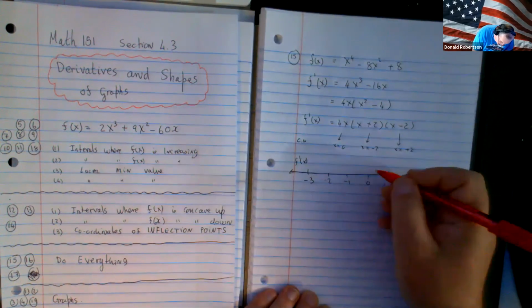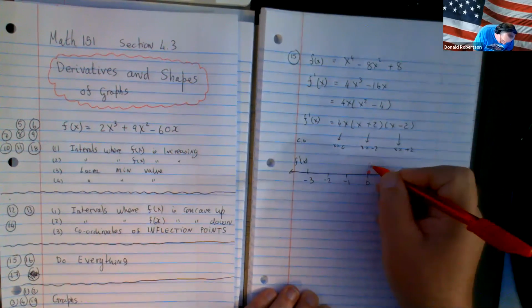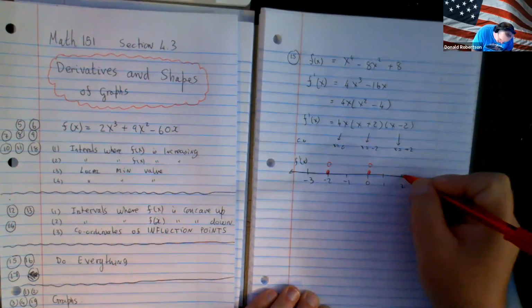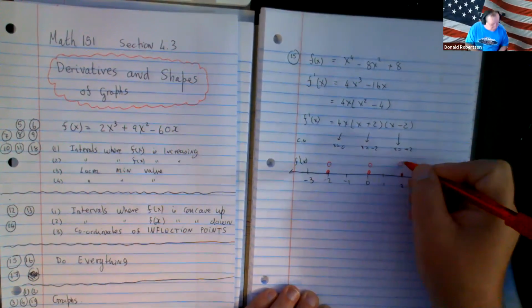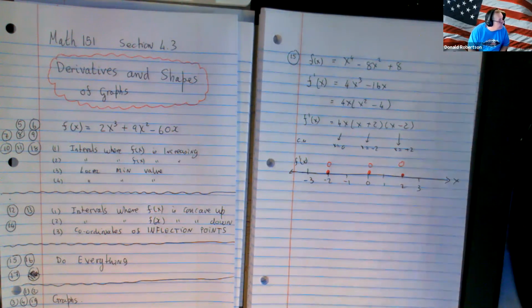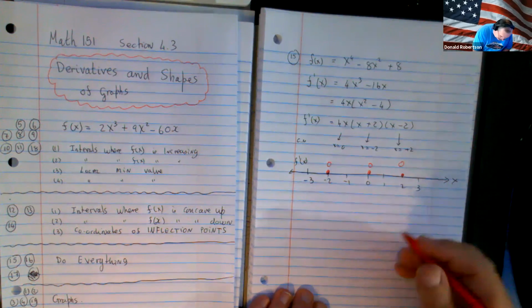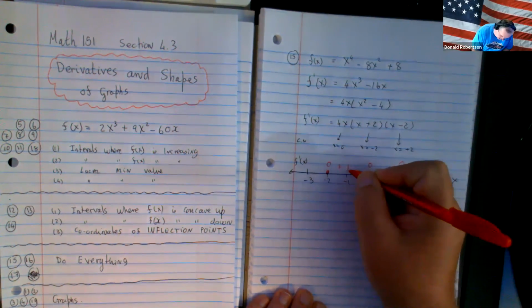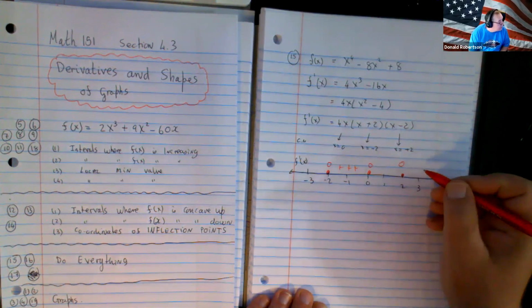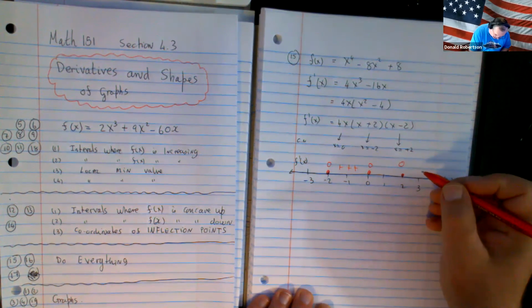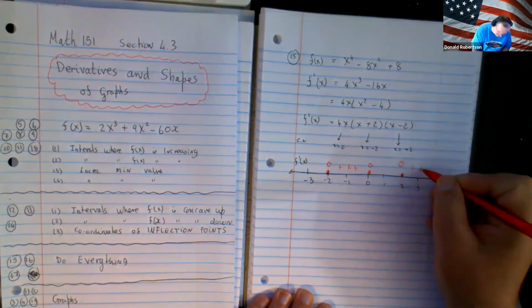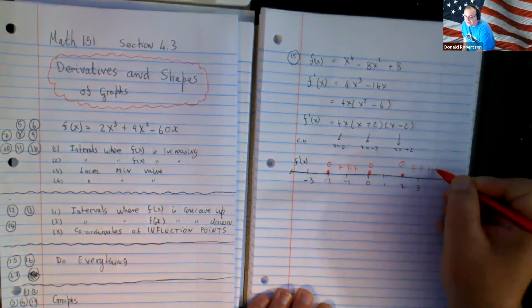At x equals 0, the derivative is 0. At -2, the derivative is 0. And at +2, the derivative is 0. And if I use my test points, it's positive here, it's positive here, it's negative here, and it's negative here. Can you just trust me that's what you get?